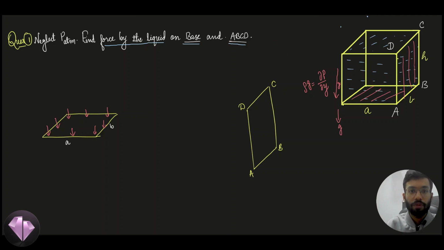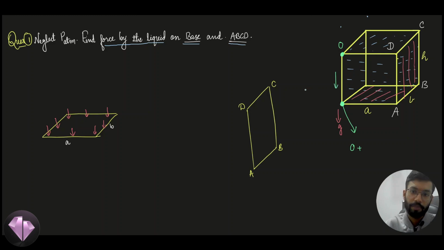Fine. So using this gradient, it is already given to me that you have to ignore the P atmosphere. So the pressure at this point is 0 because there is no atmospheric pressure. I need to calculate the pressure at this point. So the pressure at this point would simply be 0 plus the pressure gradient along this direction.